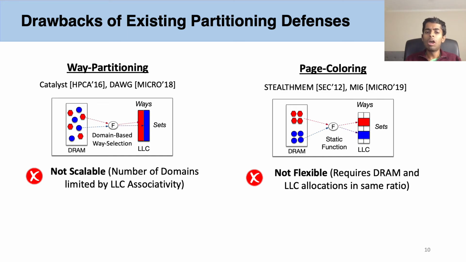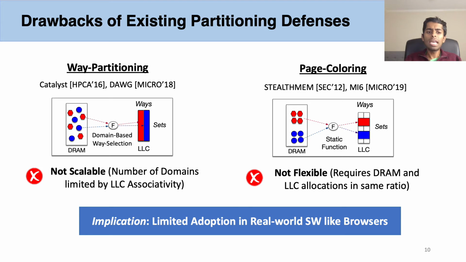For instance, for a program to occupy half of the LLC sets, it would be allocated half of the DRAM, but an application's footprint and data locality might be totally uncorrelated. These flexibility and scalability limitations have limited the adoption of cache partitioning as a defense in real-world software like web browsers.